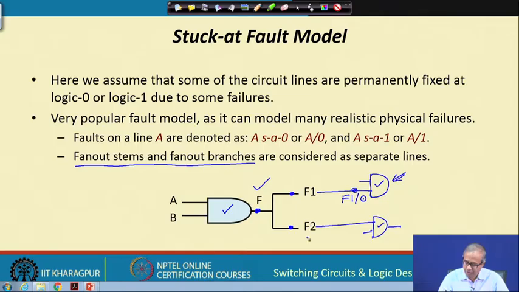But F or F2 will still work correctly, there will be no stuck at 0 fault in F or F2. Because of this, when you count the number of lines, fan out stems and fan out branches are considered as separate lines. Just remember this.